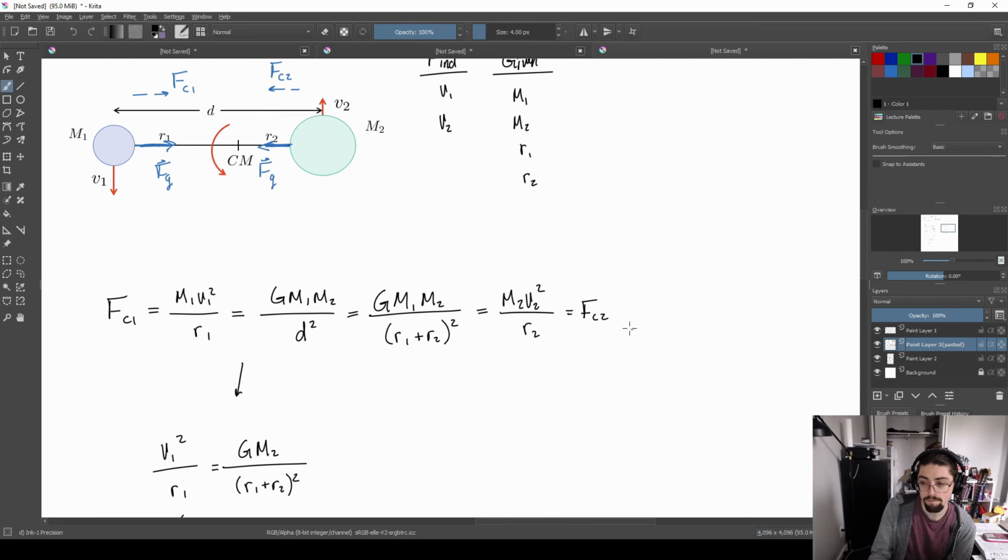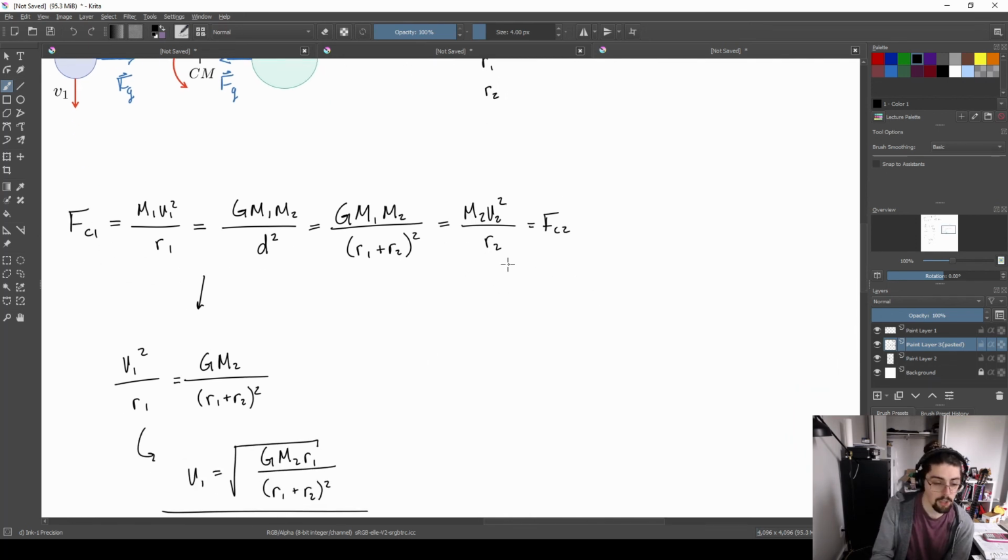No different. And we can go through the exact same solving process, and the fact of the matter is that the 1s and the 2s switch places. That's the real difference between the two of them here. This is going to become V2 is equal to the square root of G M1 R2 divided by R1 plus R2 squared.